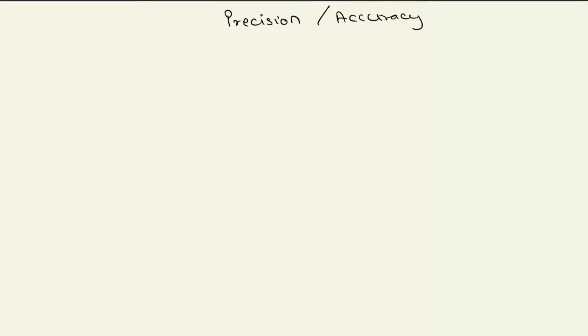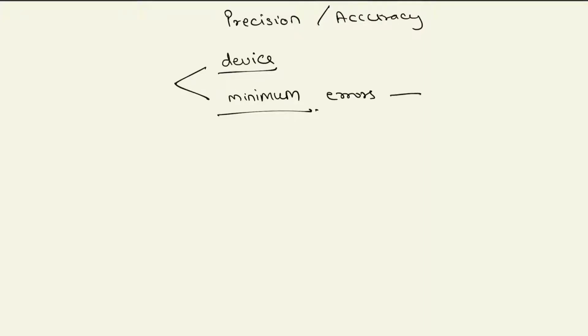The first factor is the device itself, how accurate your device is, and the second is minimum errors from the side of the person who is measuring it. This accounts for the skill. If the skills of the person who is measuring are good, then greater accuracy will be there. Secondly, the measuring device we are using should also be very accurate.